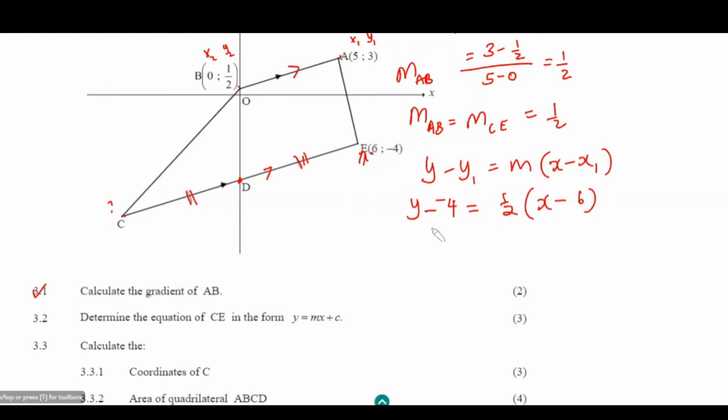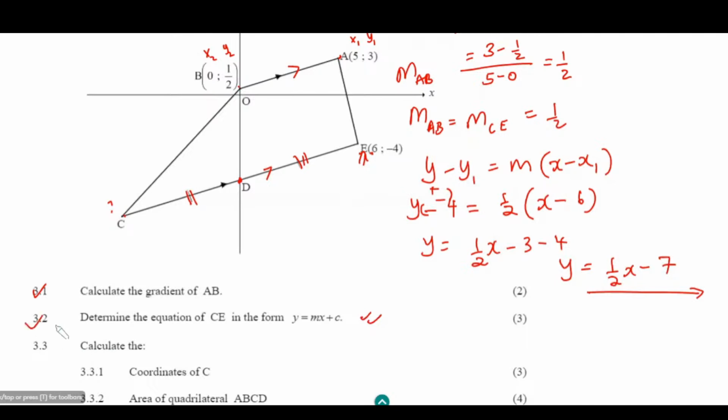Okay, I'll open the brackets. So negative will give me a positive. So that is y is equal to a half x, this is going to be minus 3. And then I'm going to subtract the 4. And then when I transpose it, I get that. So which means y is going to be a half of x minus 7. That's going to become my equation of CE.